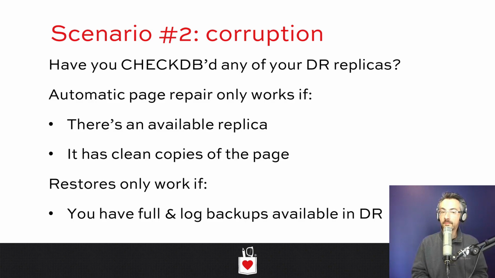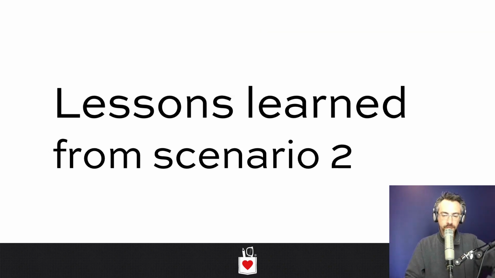If I want automatic page repair without doing a full database restore, I have to have a replica in the DR data center that gives me automatic page repair. Automatic page repair only works if there's a replica with a clean copy of the database there. And the only way I know it's clean is if I actually did CHECKDB on that guy.